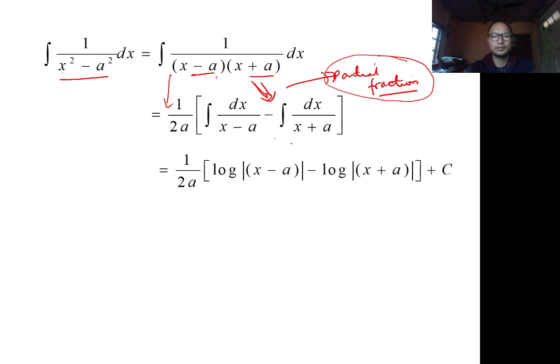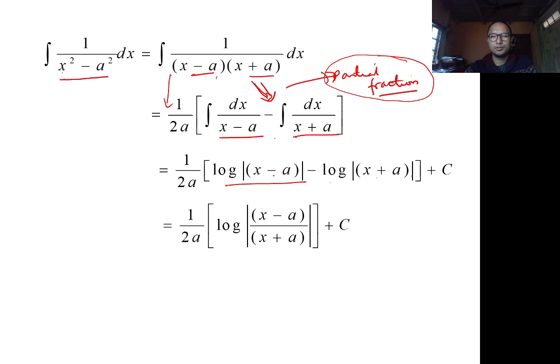The integration of 1 by x minus a is log of x minus a, and the integration of 1 by x plus a is log of modulus of x plus a. So it will be half of log of a minus log of b, which is nothing but log of a by b. So here it is half log of modulus of x minus a divided by x plus a. That's it.